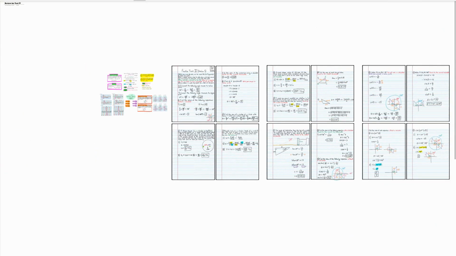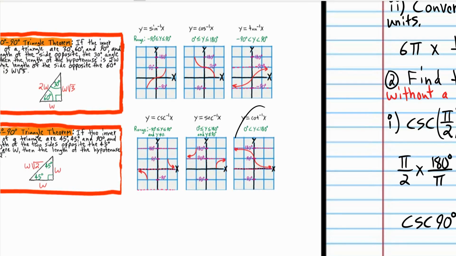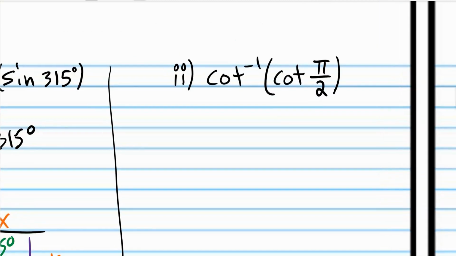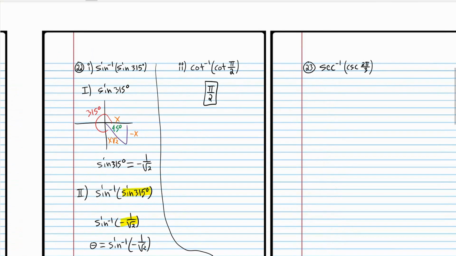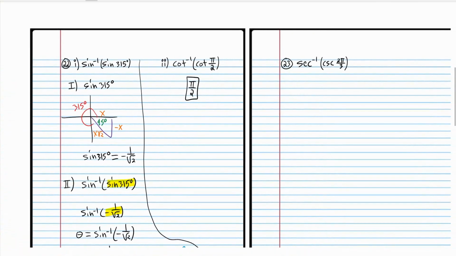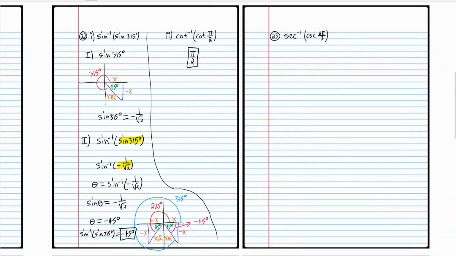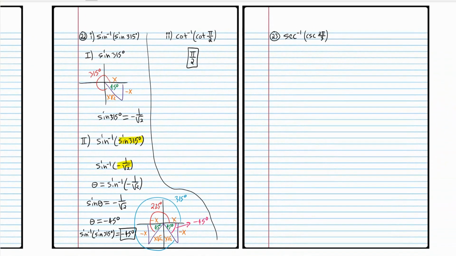If you look at that restriction, it's between 0 and 180 degrees. So we could go through the motions as we did in the previous problem, but we don't really need to. It's just going to be pi over 2, so that'll save you a lot of time if you can remember that. Okay, go ahead and try number 23, and when you come back, we'll do it together.